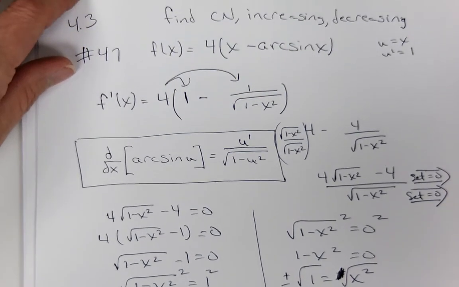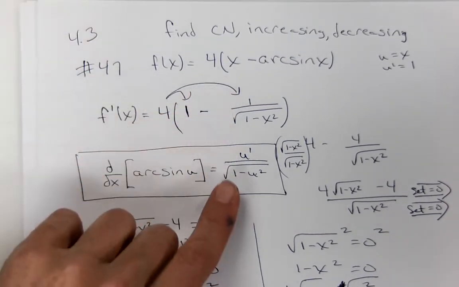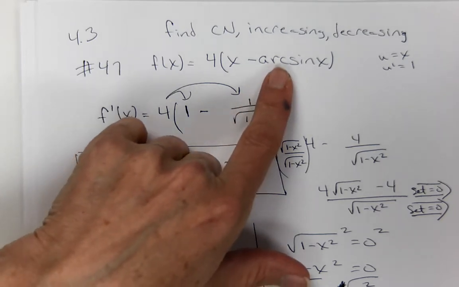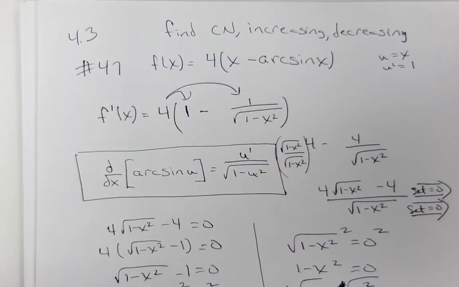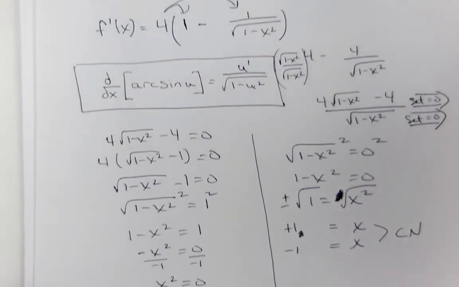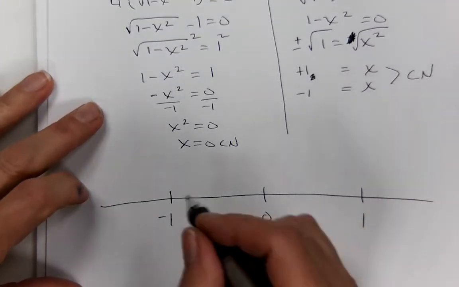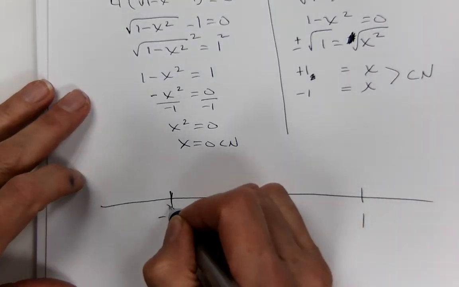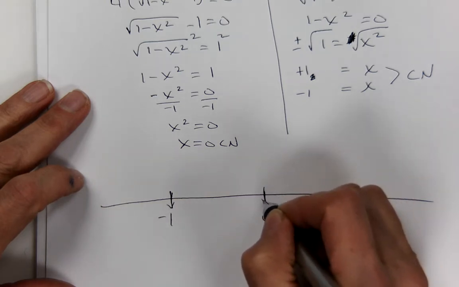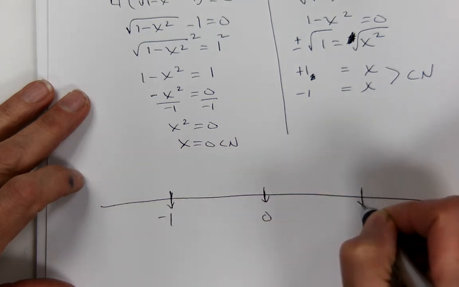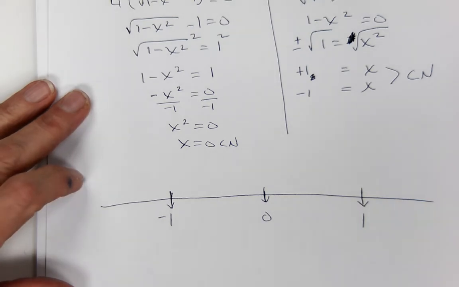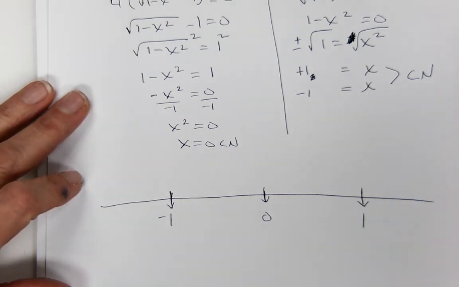I'm looking right back at it, and so we are okay. So they are all critical numbers. I have to make sure that if I plug the value into the original equation, it is part of the domain. It doesn't zero out a denominator.